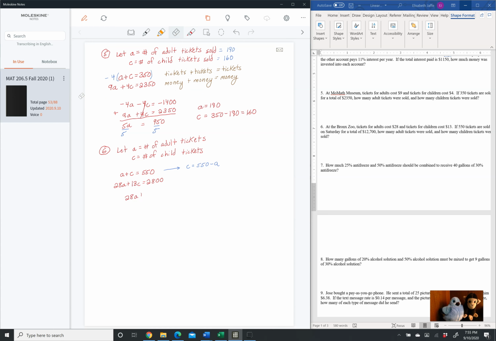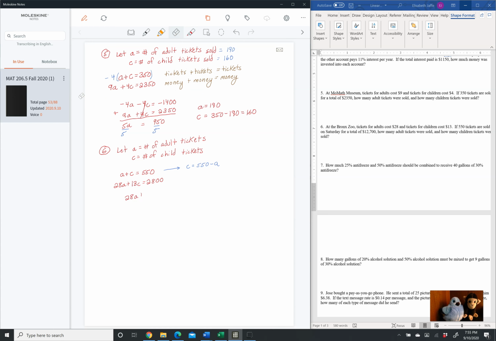So we substituted this C. And then we just distribute. So we get 28A plus, we're going to do 13 times 550, and we get 7,150. I'm so sorry, I messed this up and I put 2,800, I got confused.